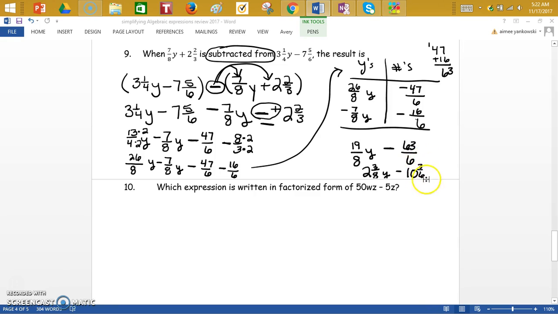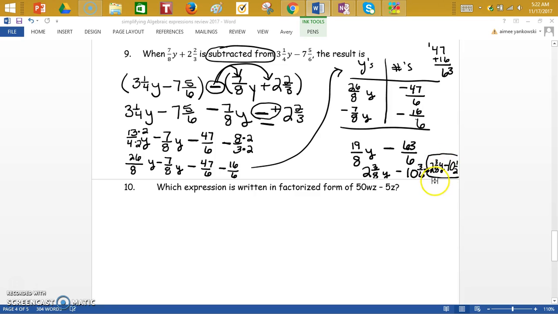And then you have to actually simplify that down to 1/2. So your final answer is 2 and 3 eighths y minus 10 and 1/2. So that would be that in final form. That's an equal sign there, just so you know.